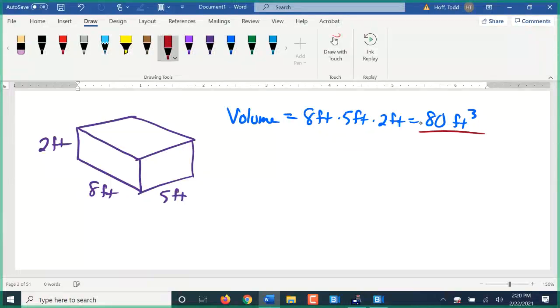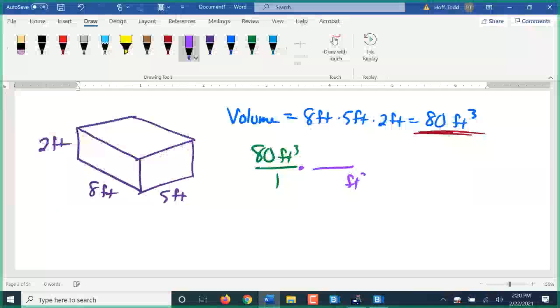Let's say we get to this point. 80 cubic feet is our volume, and we realize we wanted this in cubic inches. Well, we can convert it. Put cubic feet on bottom. 1 cubic foot, because cubic foot is going to be the larger unit, is 1,728 cubic inches.